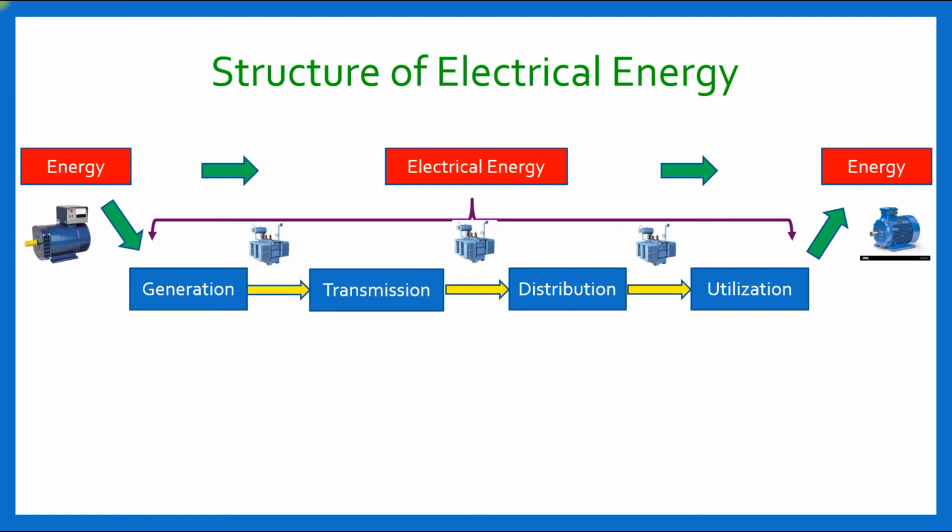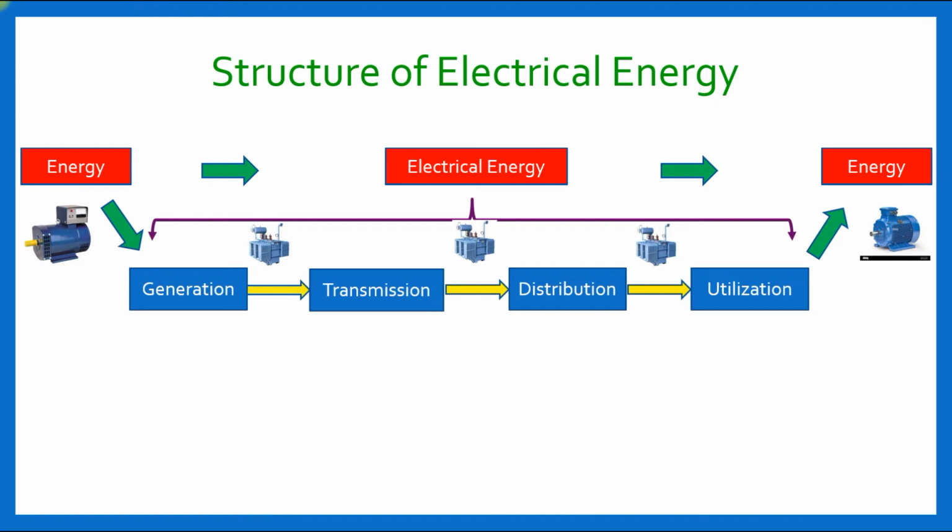While transferring electrical energy, to make it easy and cheaper to transfer, I should definitely use one converter called a transformer. This transformer converts electrical energy into electrical energy only.